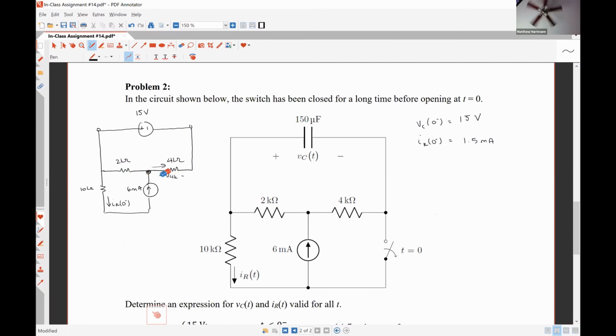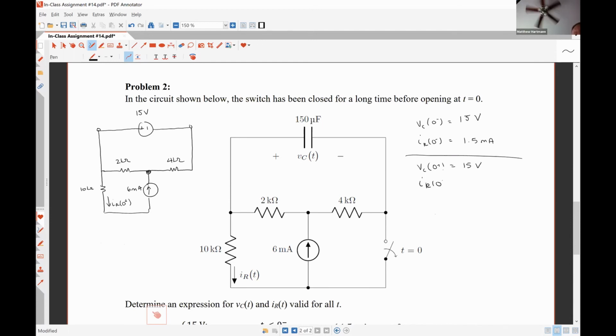And I don't know if we're going to need those guys again, so let's delete those. And this is going to be IR at 0 plus. So VC at 0 plus is 15 volts because the voltage drop over a capacitor cannot change abruptly.